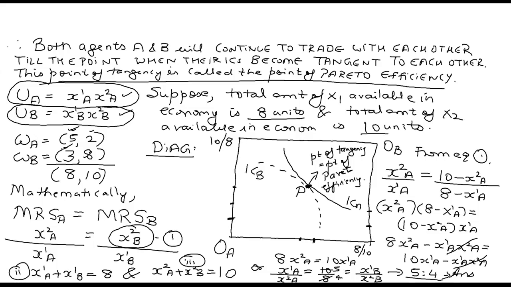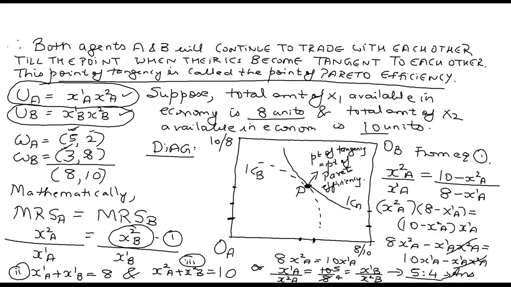So graphically, what is the point of Pareto efficiency in this question? It is when both the ICs become tangent to each other. Once they reach this point, they will stop trading.